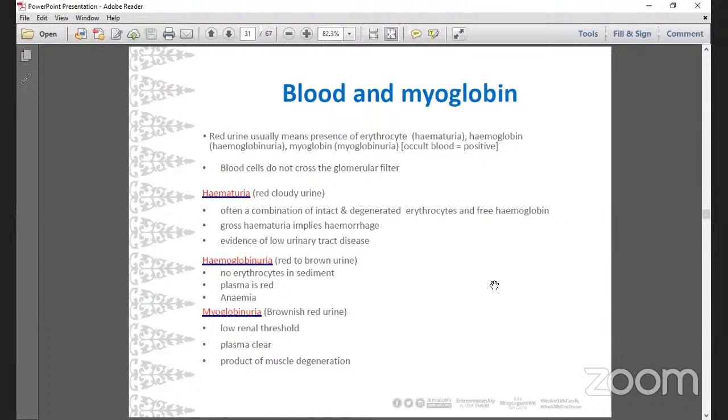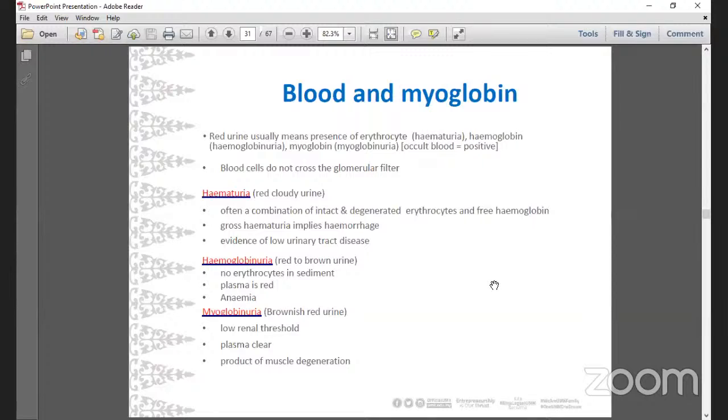And for myoglobinuria, there will be a low renal threshold. The myoglobin cannot pass easily through the kidney, that's why there is a low renal threshold. So this accumulation of myoglobin in the kidney can cause kidney disease or kidney disorder. One more thing to indicate myoglobinuria is a clear plasma.